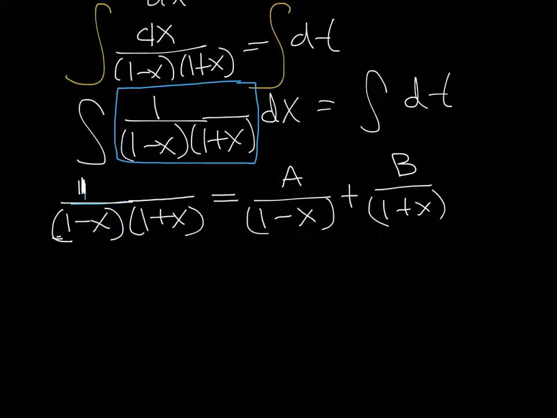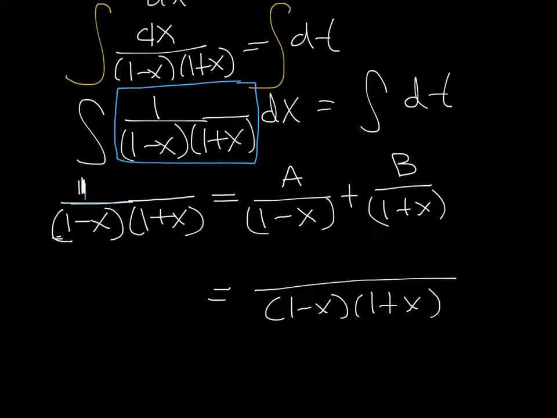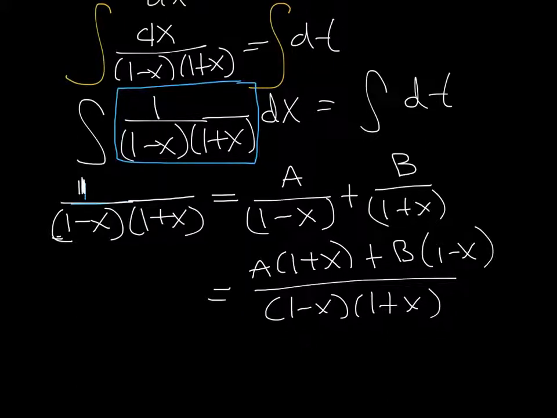This next part is really just using algebra. We know we can just multiply by the least common multiple: a times 1 plus x plus b times 1 minus x. This guy needs this one, and this guy needs this one. I'm just writing the left-hand side.